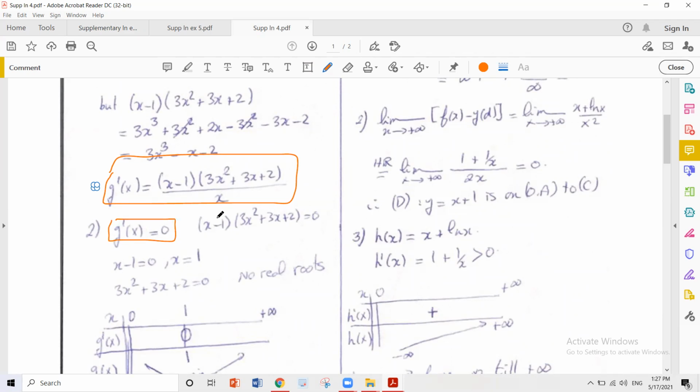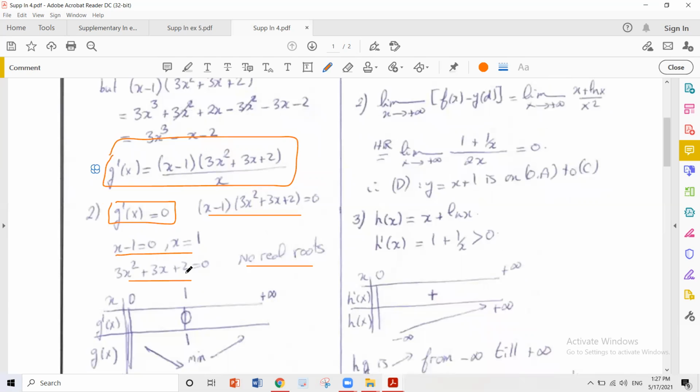It means the numerator x minus 1 into 3x squared plus 3x plus 2 equals 0. x minus 1 equals 0, we get x equals 1. For 3x squared plus 3x plus 2 equals 0, if we solve on the calculator or find delta, delta is negative, no real roots.